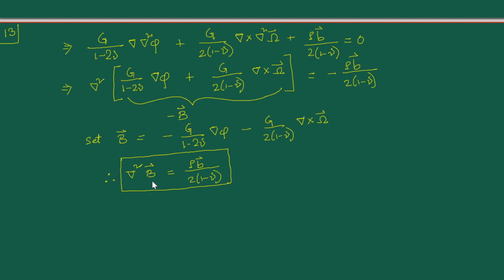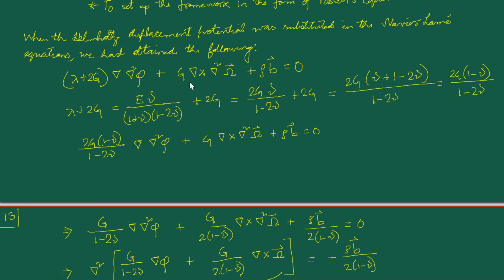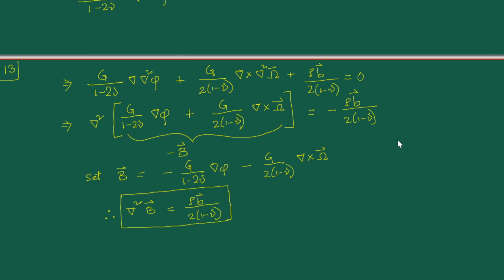But you see, there is a little bit of a problem here. The problem is, we have just set this entire thing as b. Now suppose one asks, all right, you can solve for this b vector. Can you find out the displacement vector from this? Well, in order to arrive at the displacement vector, you have to go back to noting that ultimately we are proceeding from this step, and this phi and the omega are very much present within this b vector.